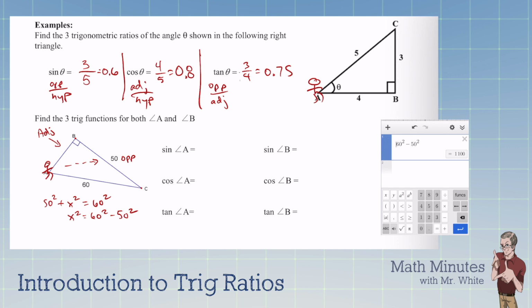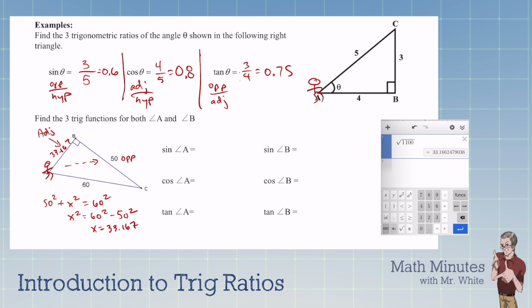And then we could put that entire thing under a square root, right, to solve it. So 1100 under the square root. Let me delete the rest of this. What a mess. And we get 33.167. So x equals 33.167. So sometimes we use Pythagorean's theorem maybe to solve for that missing side.